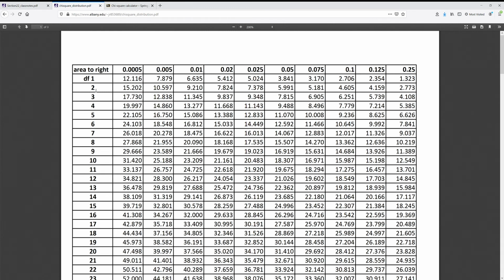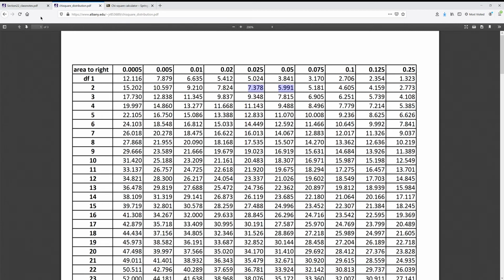It would be between these 2 entries. And therefore, the corresponding p-value, here to the right, is between 0.25 and 0.5, between 2.5% and 5%.